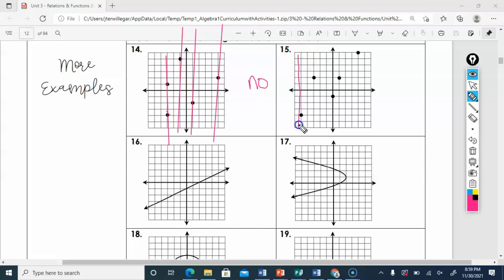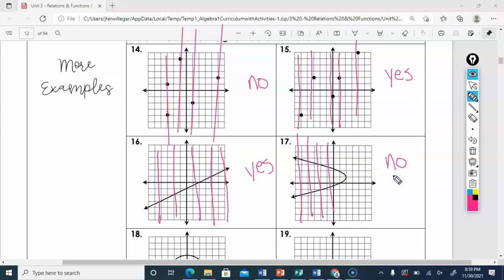Now in 15, if I draw a vertical line through all these points, it only hits one point. So that is a function. On 16, if I draw vertical lines anywhere on this graph, I never hit it more than once. So that is a function. On 17, if I draw vertical lines in here, I hit it more than once.